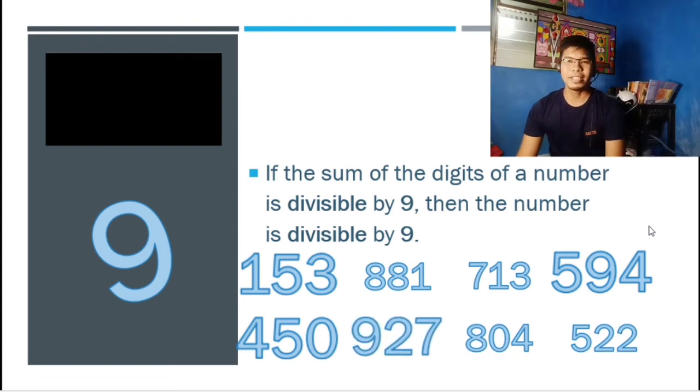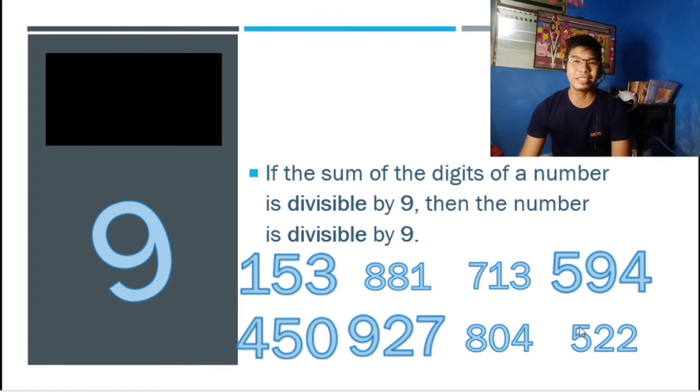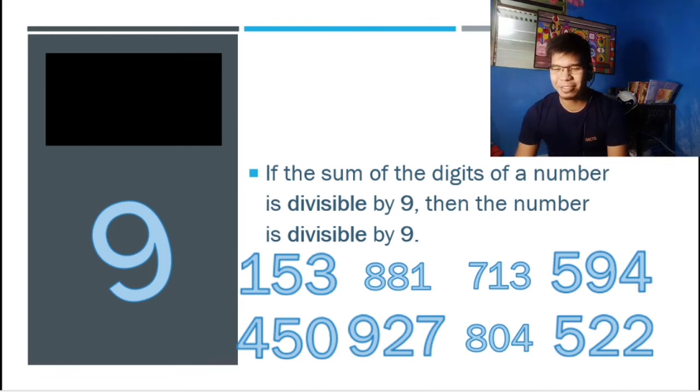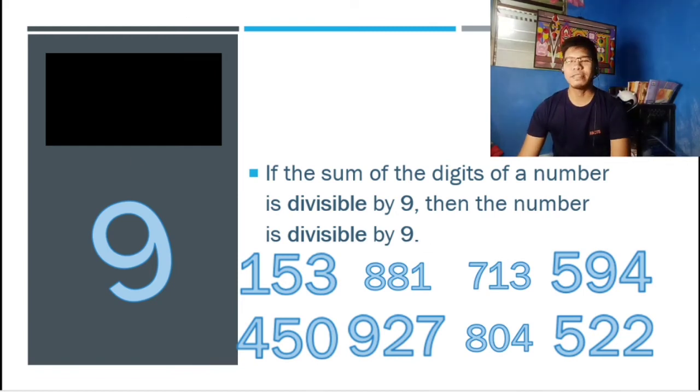We have 927: 9 plus 2 plus 7 is 18, and 18 is divisible by 9, so therefore 927 is divisible by 9. And finally, we have 522, because 5 plus 2 plus 2 is equal to 9, so therefore 522 is divisible by 9. That's it for the divisibility rule for 9.